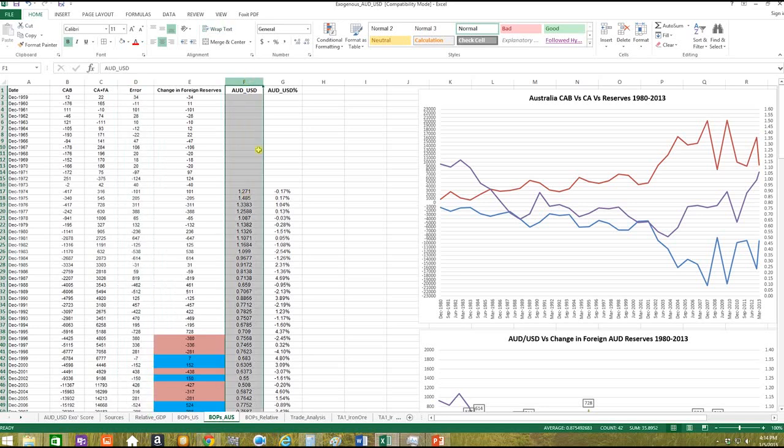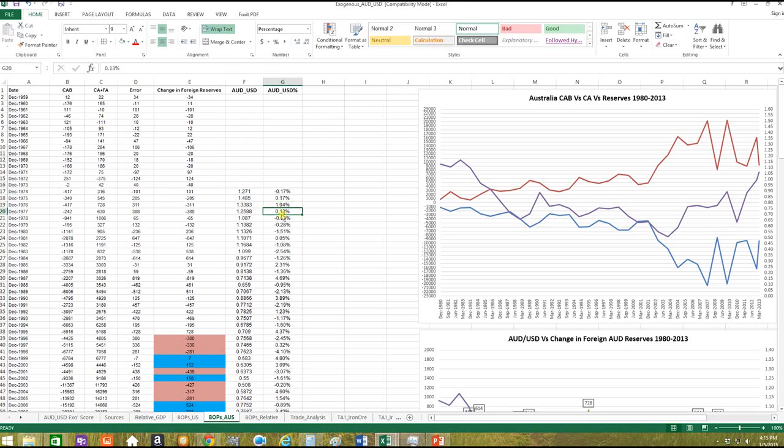What we also have here is the annual percentage change in the Aussie dollar US dollar exchange rate, going back to 1974. And you can see here we're looking at obviously a very long time frame in trading terms. We're looking at essentially 1 year volatility.